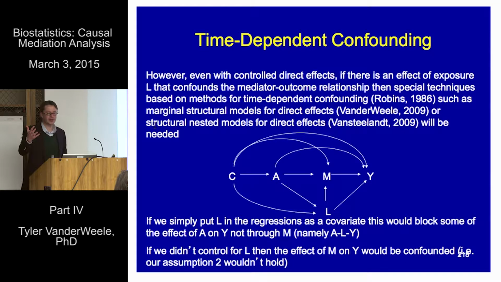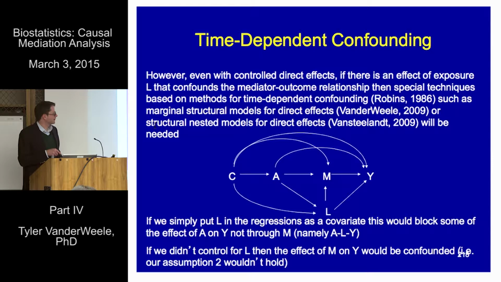And it turns out we're going to be able to estimate the controlled direct effects here. But we're not going to be able to simply use regression methods. And to see why that's the case, let's suppose we wanted the controlled direct effect of the exposure on the outcome, not through the mediator. Essentially this pathway from A to Y directly, and this pathway A, L, Y, the effect of the exposure on the outcome, not through the mediator. If we tried to get the controlled direct effect directly via regression, we have to decide whether or not to include that variable L in the regression.